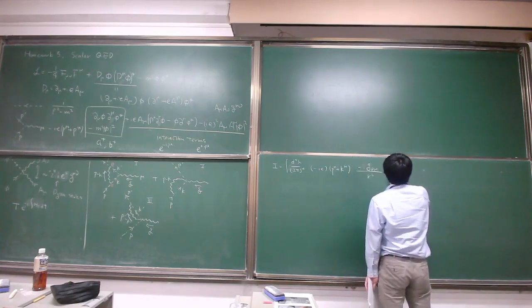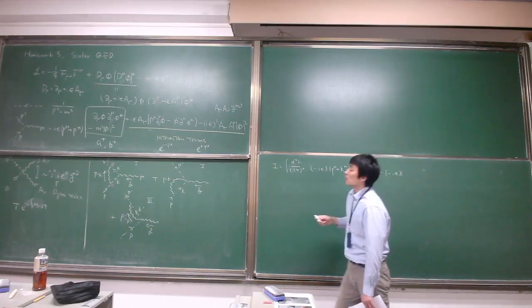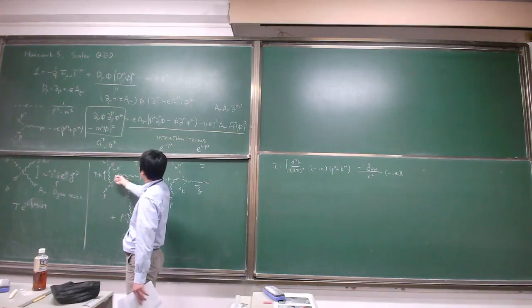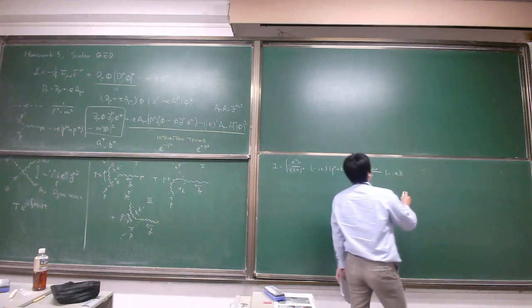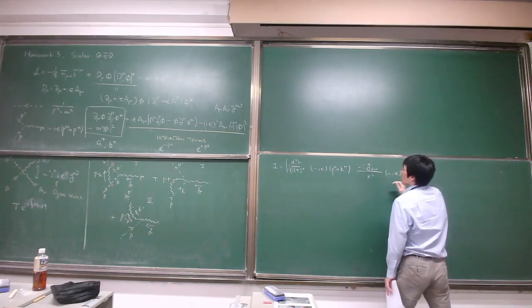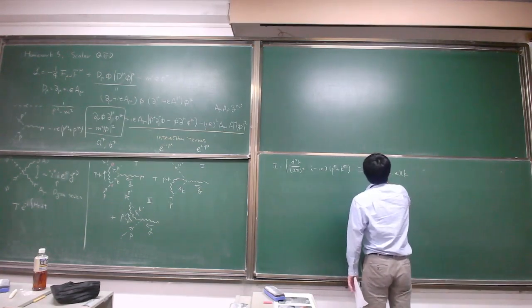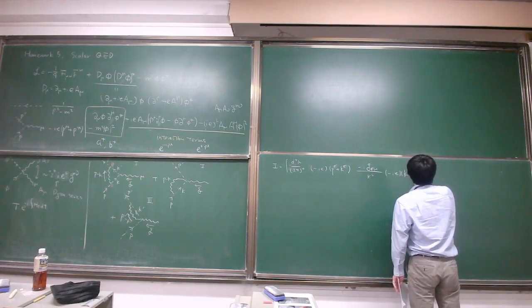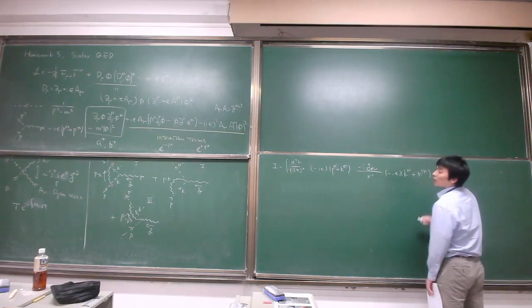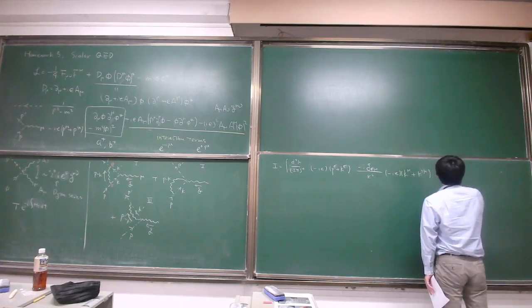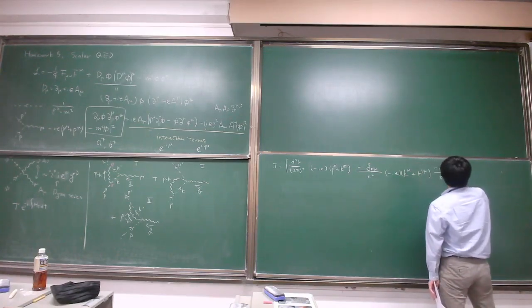Then you apply here minus i e, times k and k prime, sigma and mu, k prime mu, and then the propagator is k prime squared, minus i g mu rho.